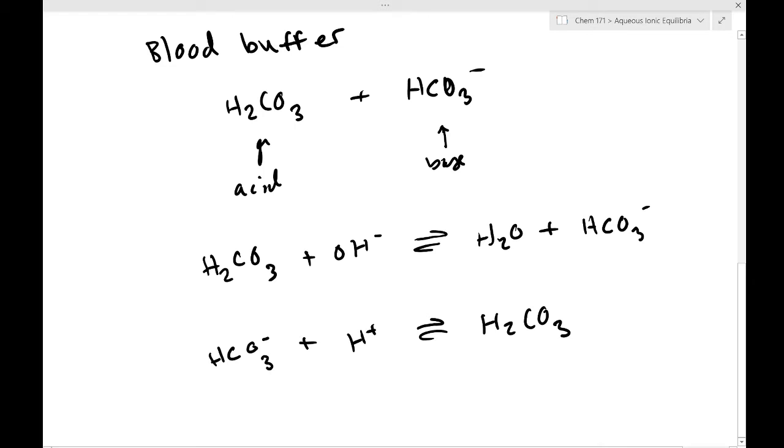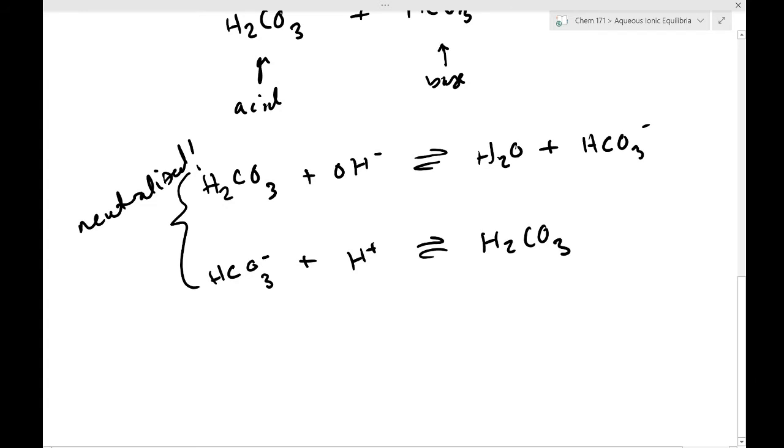Okay, and these are both neutralized. That means that you can put either acid or base into the system and it still maintains the pH that it started with. Okay, so it maintains a nearly constant pH.